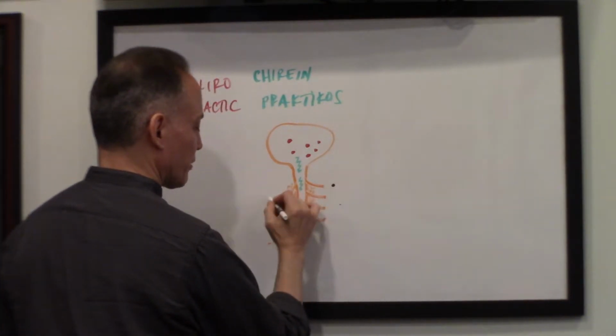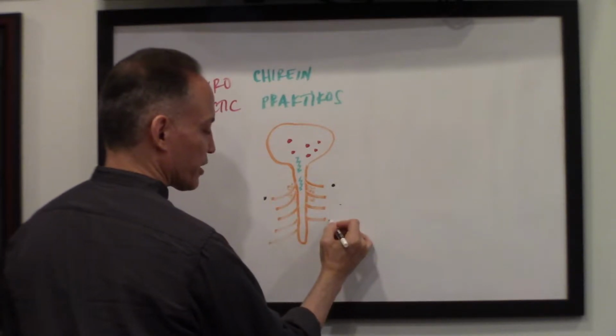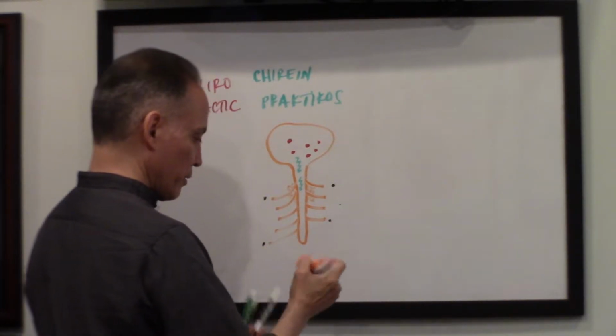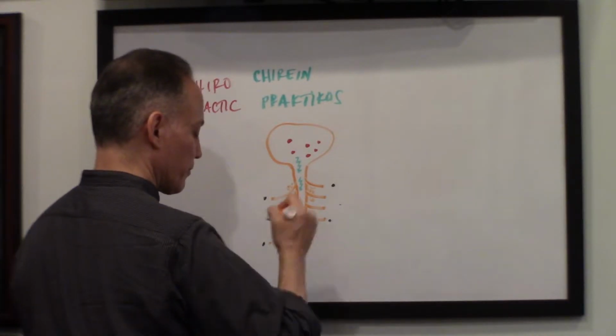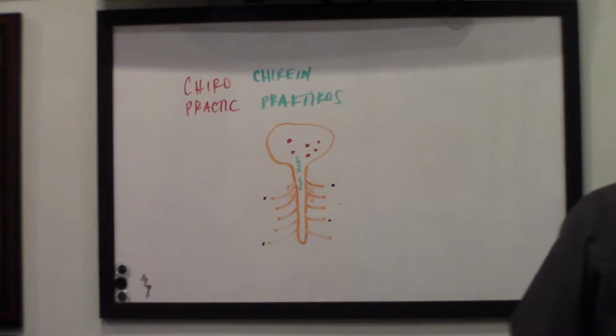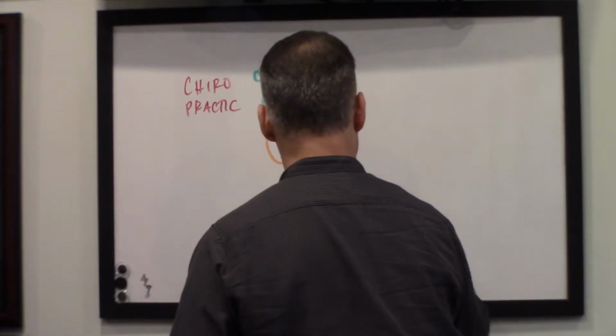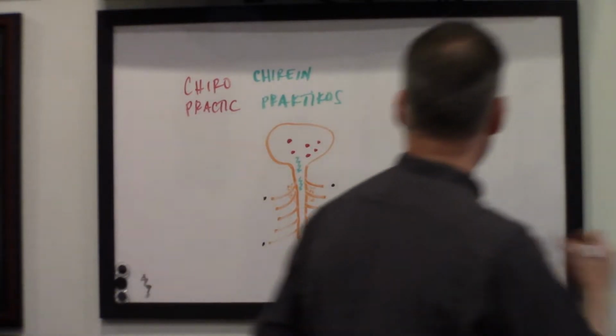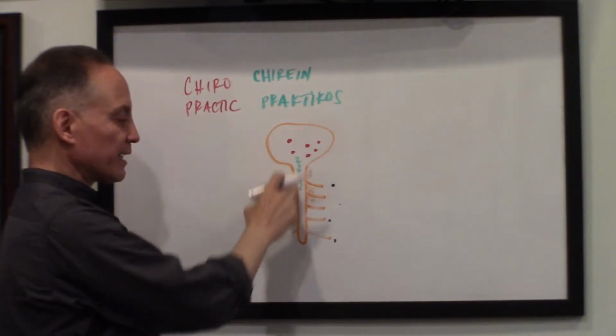Maybe there's a cell here, maybe there's another cell here, another cell down here, another cell down here. Okay, let's put one way down here as well. So these cells that are at the top here, they send these signals down.